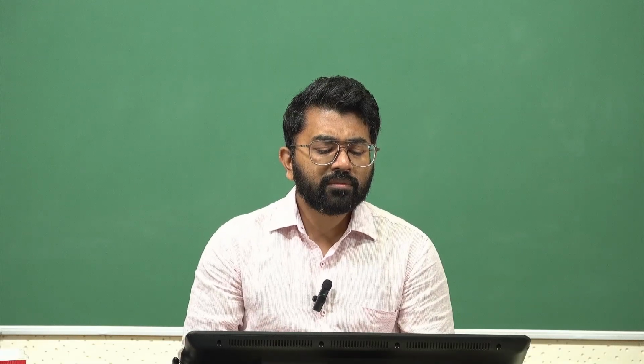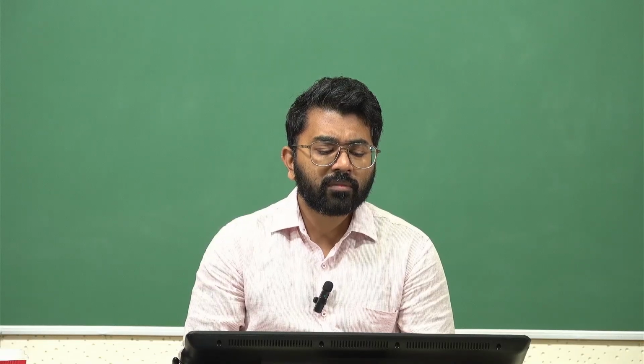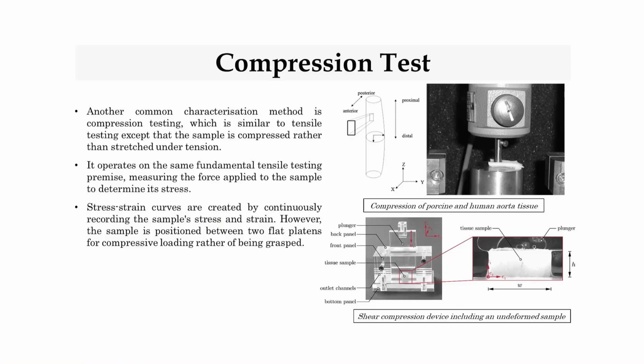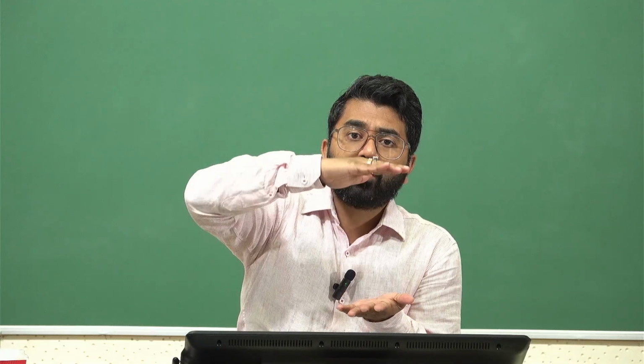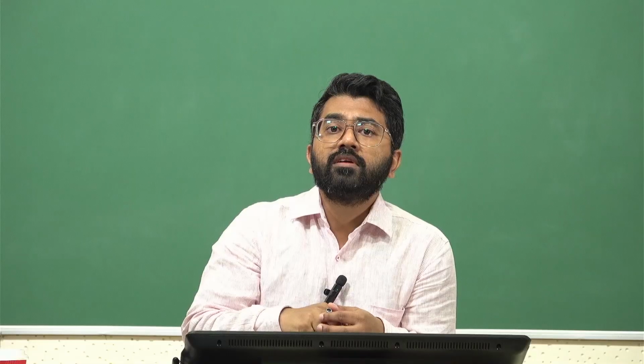So it has the same fundamentals of a tensile testing premise, measuring the force applied to the sample to determine its stress. So the measurement quantities are very similar. You are applying a force that is causing some compressive displacement.